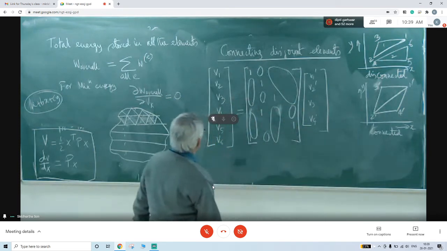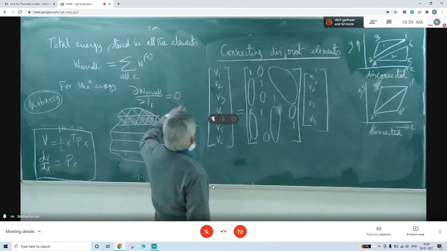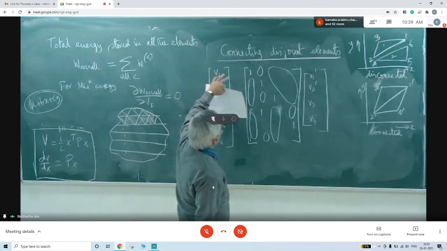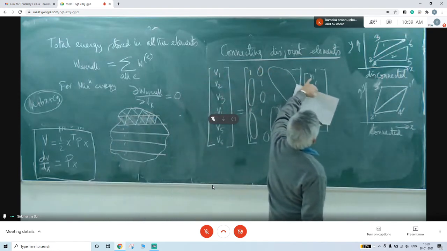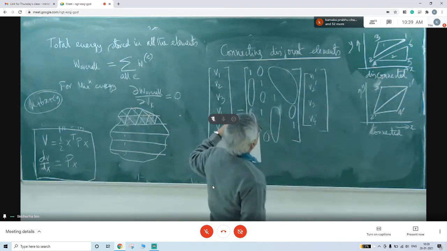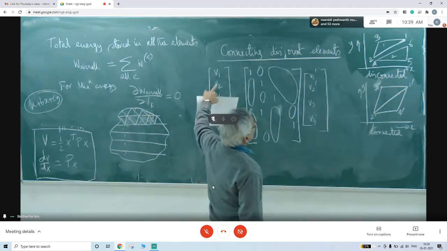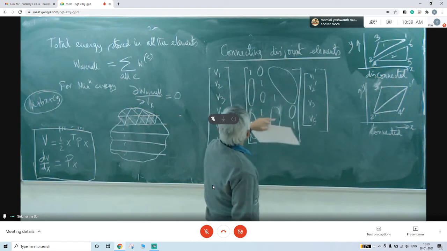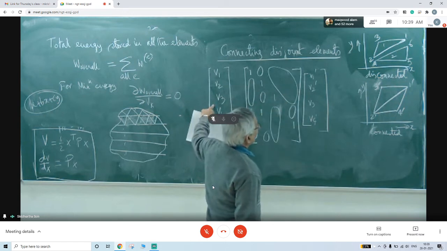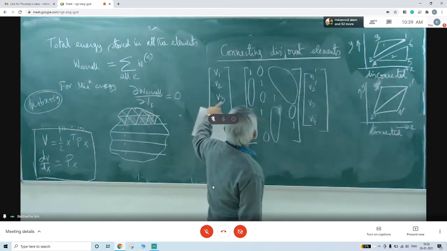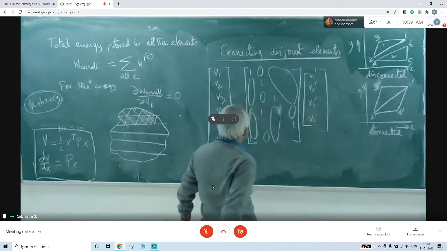So look at it. V1 is equal to V1 dashed. And again, V2 is equal to V2 dashed. V3 is equal to, in our language, V3 dashed.